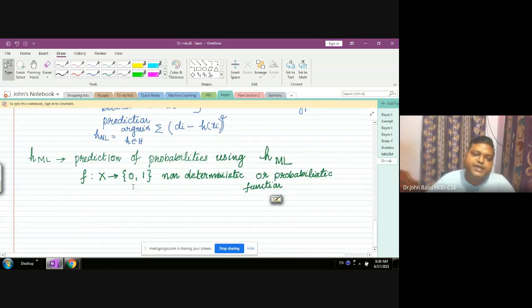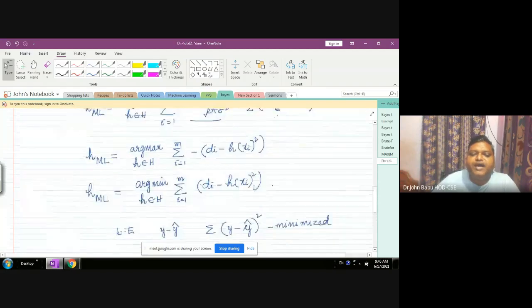What do we mean by that? For example, take the cancer patient problem. We don't want a deterministic probability here, we are not bothered about the exact value.